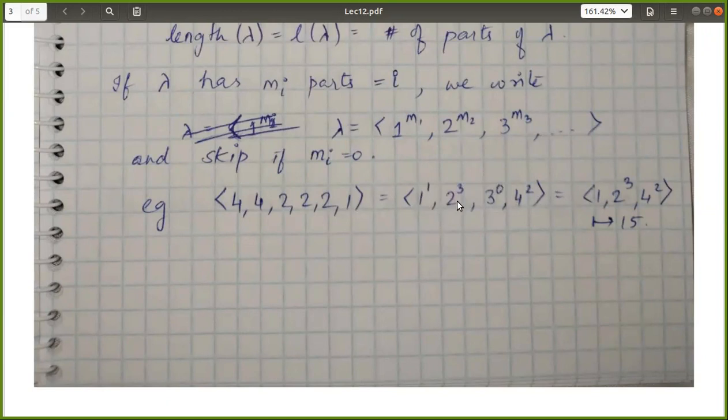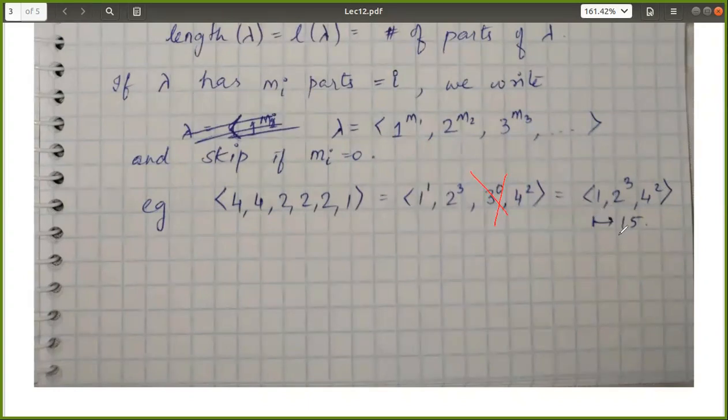The interpretation is that it is counting the number of times the number 3 appears in the partition. So you skip this altogether. This number gets skipped, and 1 coming just once, you write it as 1 instead of 1 raised to 1. So this is rewritten as 1 comma 2 raised to 3 comma 4 raised to 2, and this is the partition.